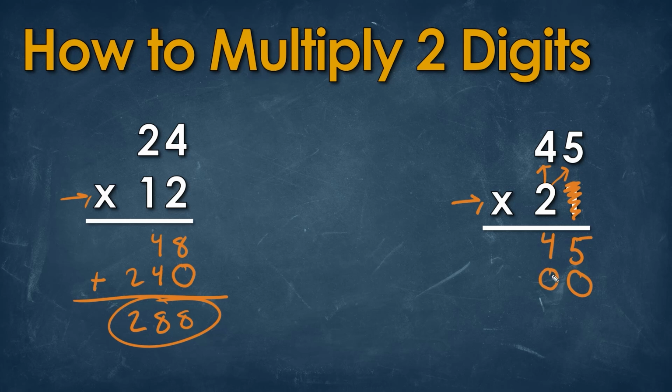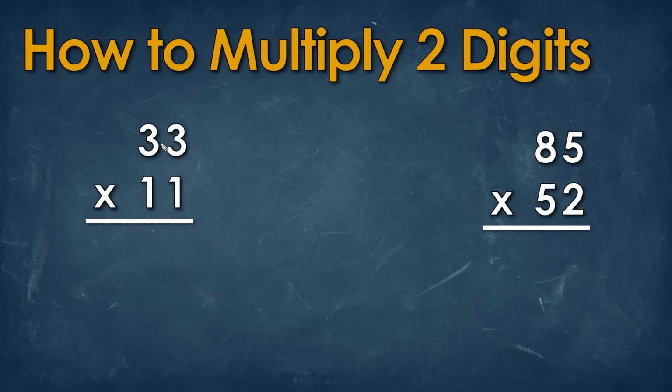So put the 0 here. Remember, whenever we have a carryover of the 1, we have to put it at the top. So now we have 2 times 4, which is 8, plus that 1, which we carried over, is going to be 9. If we add it all up, we're going to get 5 plus 4 plus 9, which is going to be an answer of 945.